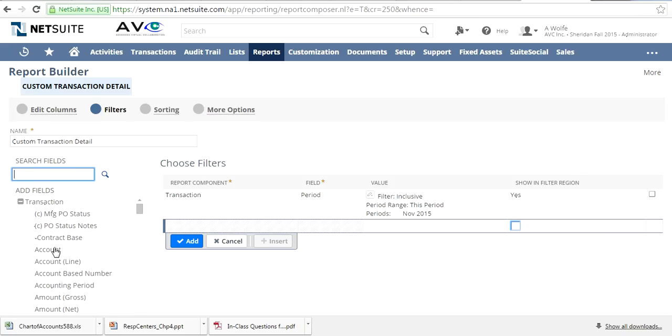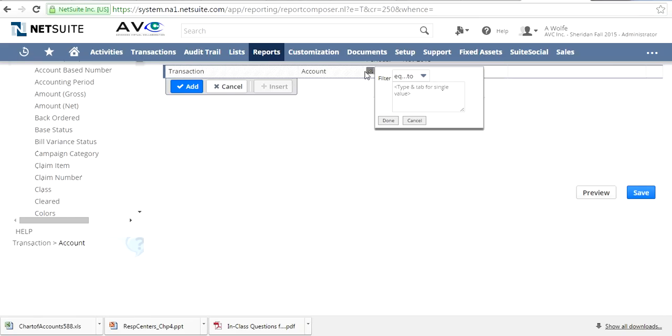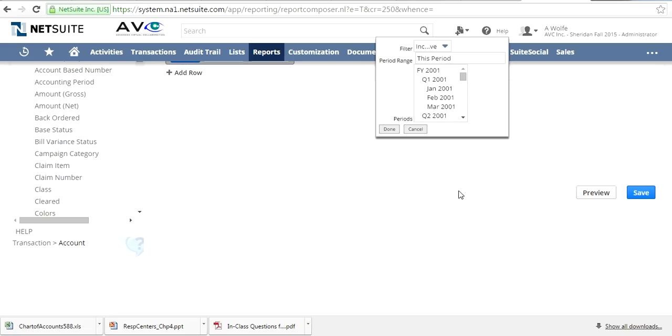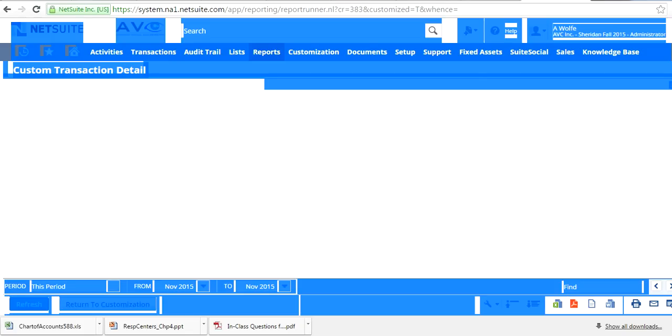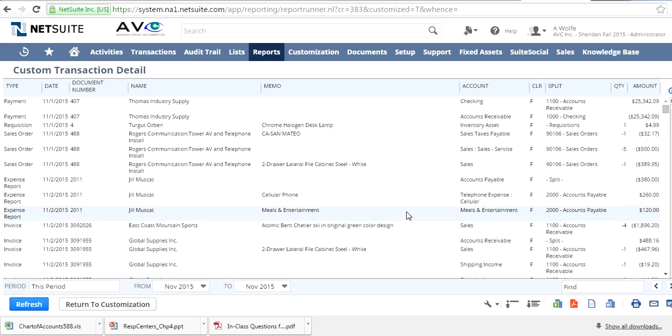Is account. Okay. When I want to add this, I want to add... I'm hitting save. Oh, sorry guys. Sorry, it didn't work, but I don't want to waste time. So what I'm going to do instead is just, I have this custom transaction detail.